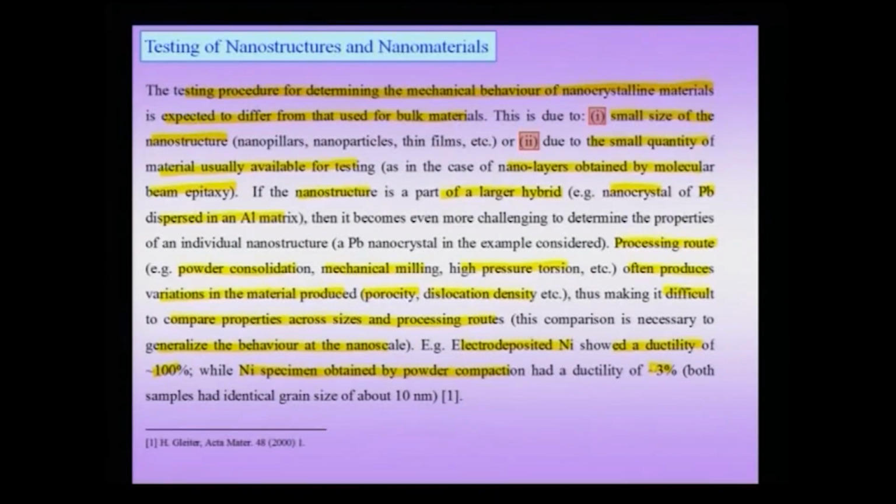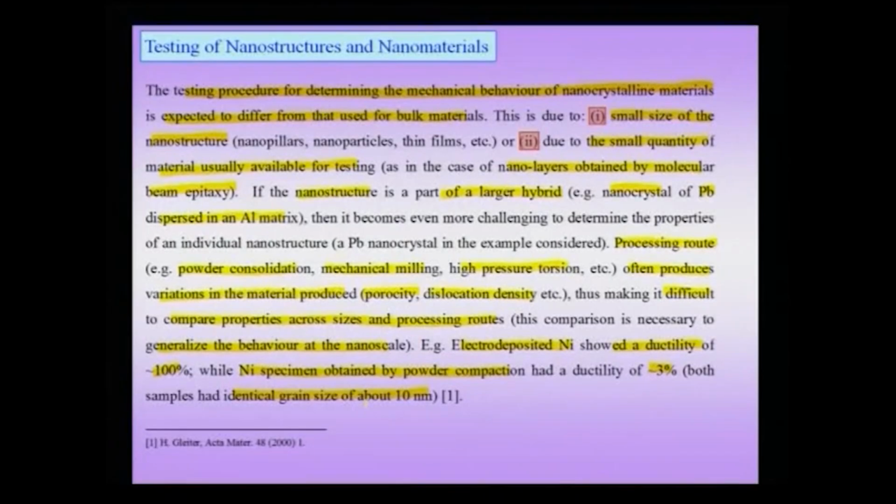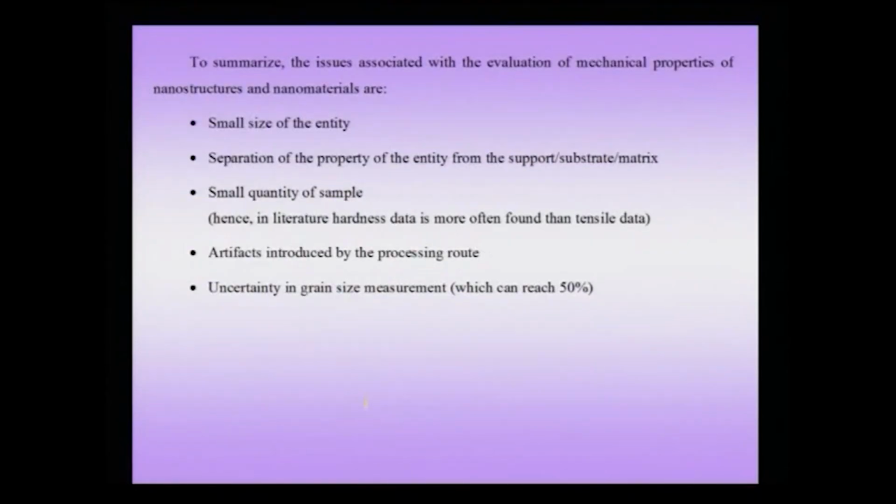And in both cases, the grain size was seen to be identical, about 10 nanometers. Therefore, the processing route is going to affect the properties of the nanomaterial I produce, and this becomes an important challenge: how do I compare an electrodeposited nickel with a nickel produced by powder compaction? This is an important challenge in the study and determination of the properties of nanostructures and nanomaterials.